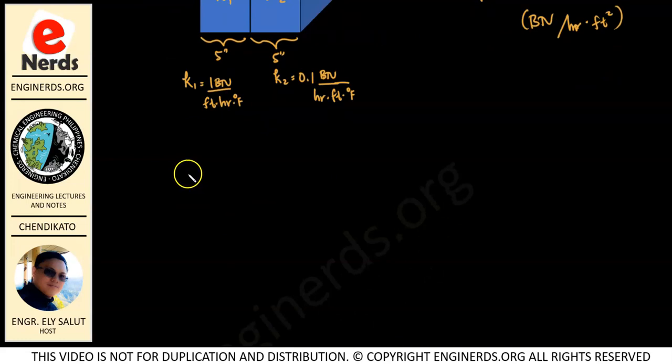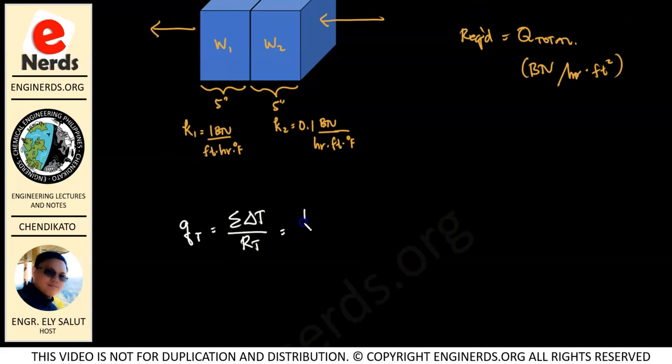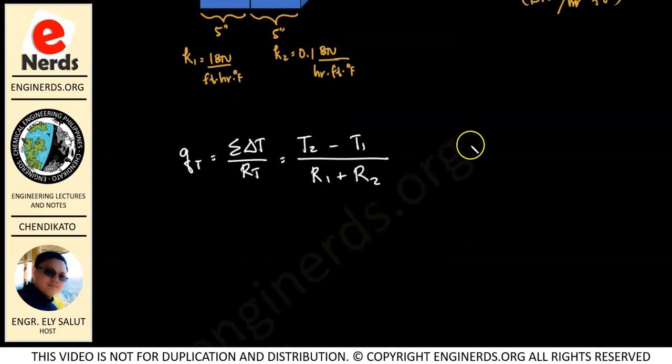So our Q total is equal to the summation of delta T over RT. Since we only have two walls, that means we will have T2 minus T1 over R1 plus R2. Right? And don't forget, in our equation here, our T2 is the one with the higher temperature. Alright, so we need to take note that our resistance is equal to delta X, which is our thickness, over K and area, right?